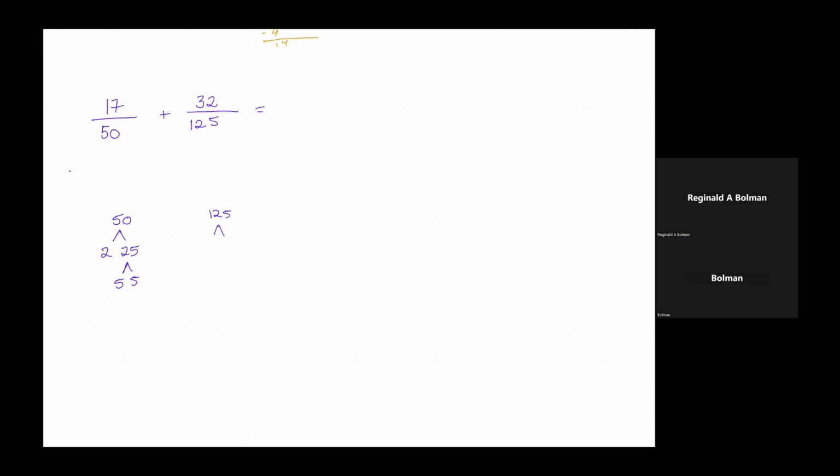The prime factorization of 125 is fairly straightforward as well. Turns out that 5 times 25 is going to give you 125. And of course, 5 and 5 gives you 25.